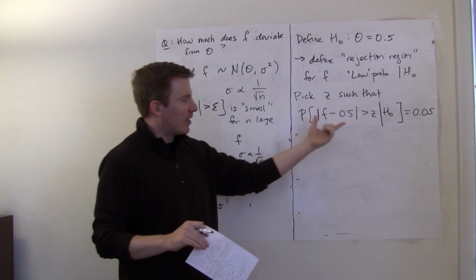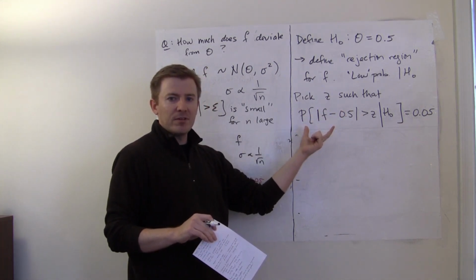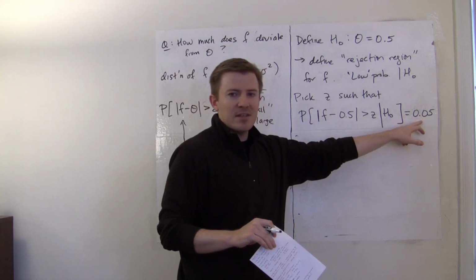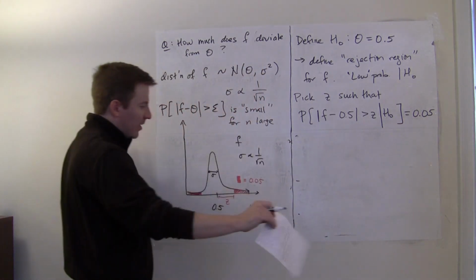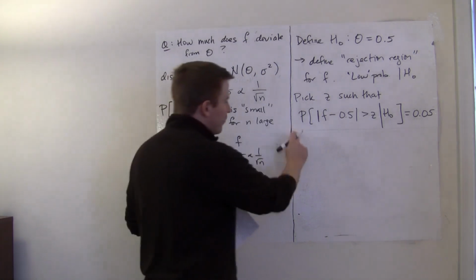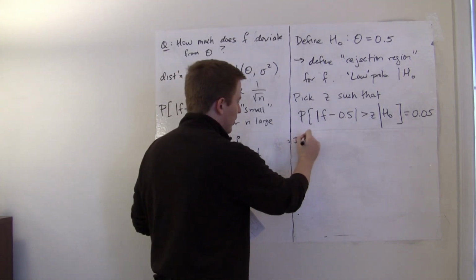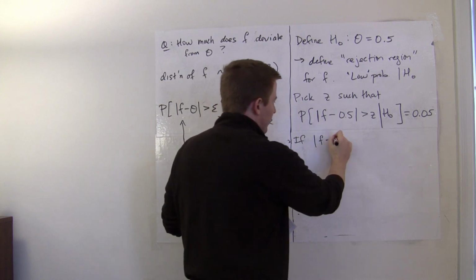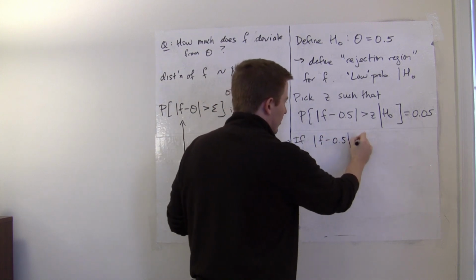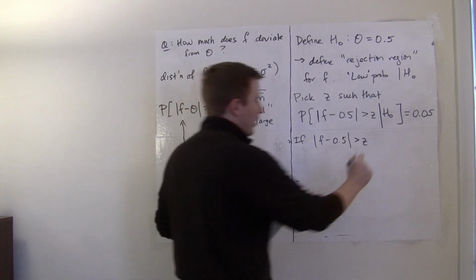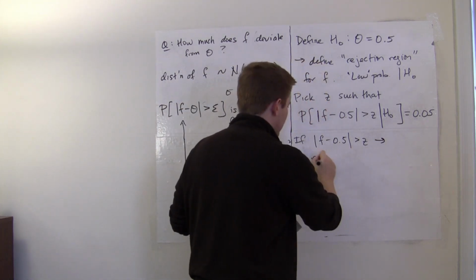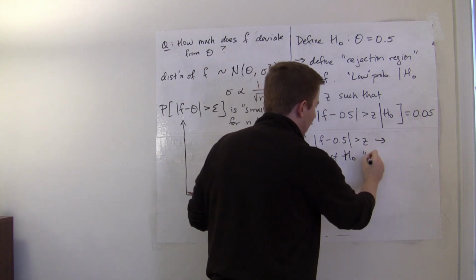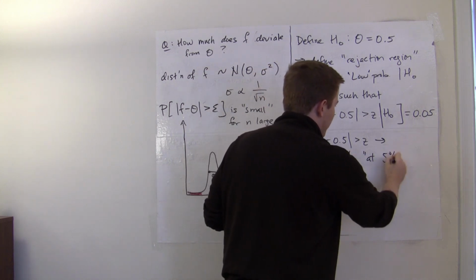So we look this up in a table of the normal distribution, and we can find what percentile level gives us this 5% tail area. If it happens that we get a deviation greater than this cutoff value, then we're going to reject the hypothesis h0 at the 5% level.